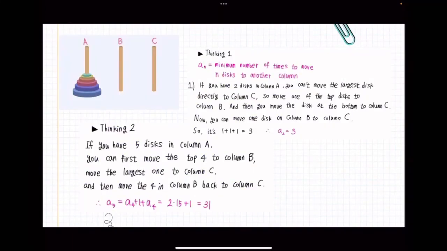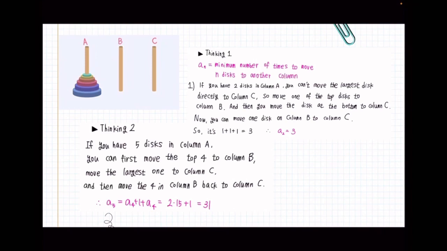Let's think about it step by step. The 3 pillars are called A, B, and C from the left. Let an be the minimum number of moves to move n discs to another column. If you have 2 discs in column A, you can't move the largest disc directly to column C. So move the top disc to column B. And then you move the disc at the bottom to column C. Now we can move the disc on column B to column C. So A2 is 3.